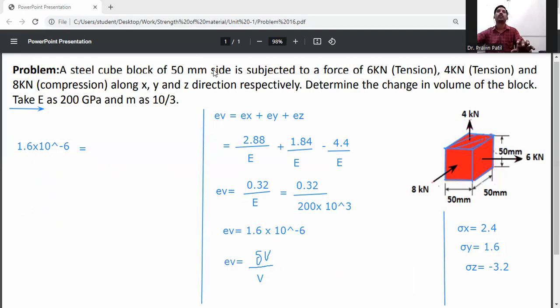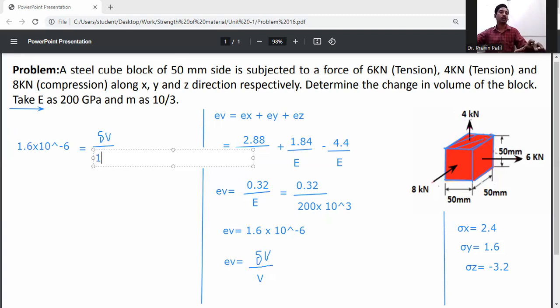We need to calculate the change in volume. Delta V divided by V, V is known; the volume we already calculated: it is 50 into 50 into 50, which will be 125 into 10 raised to the power 3.